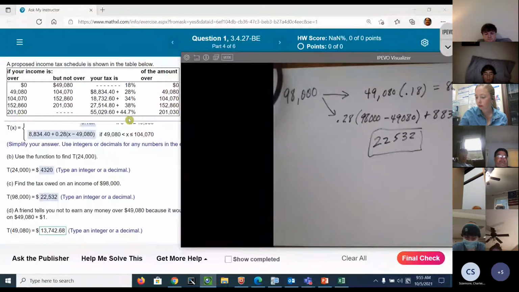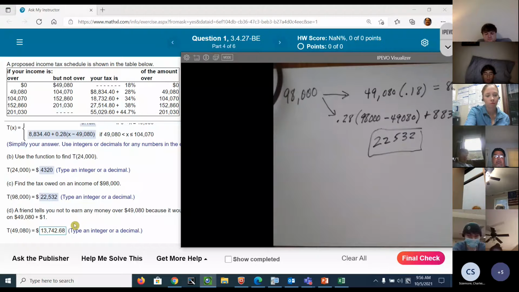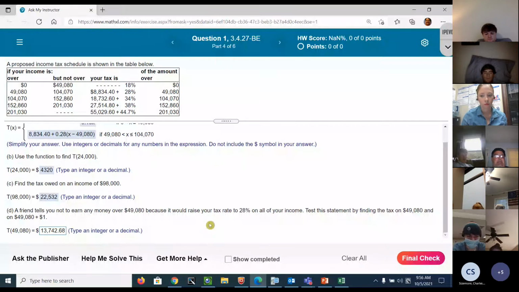So anyway, a friend tells you not to earn any money over 49,000 because it would raise your tax to the next tax bracket. Yes. Test this statement by finding the tax on 49,080 and 49,080 plus 1.